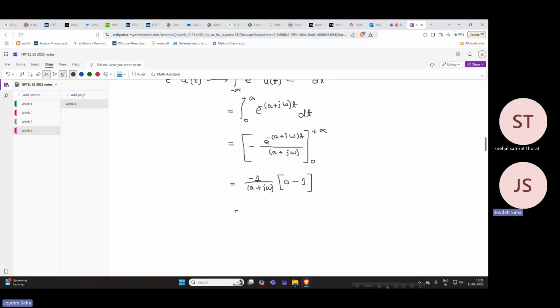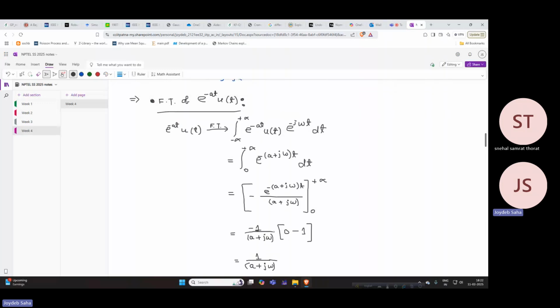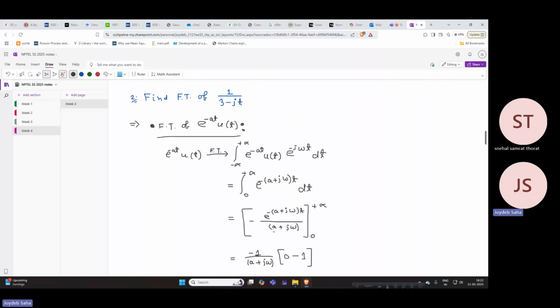Okay, so we are getting 1 upon (a plus j omega). Fine. Is it clear till now?